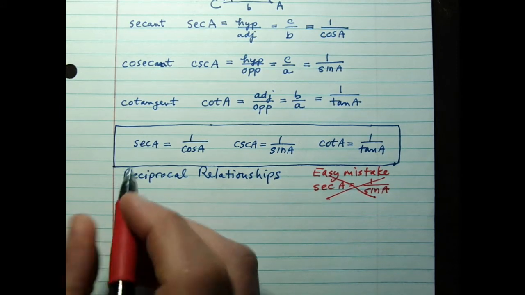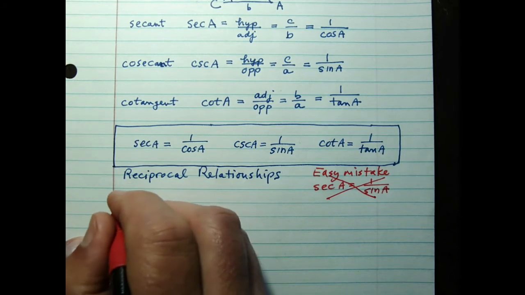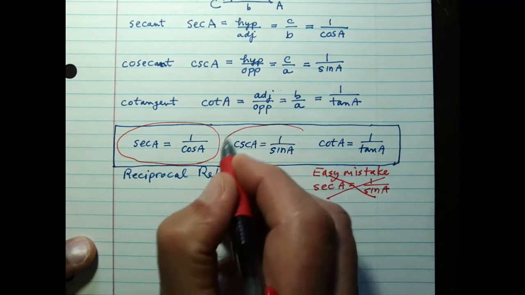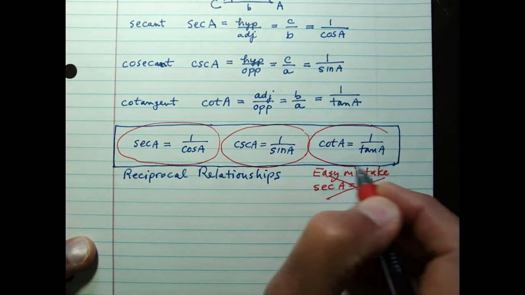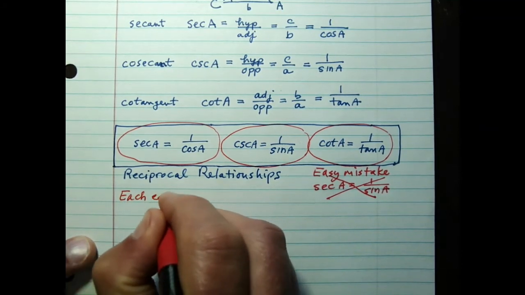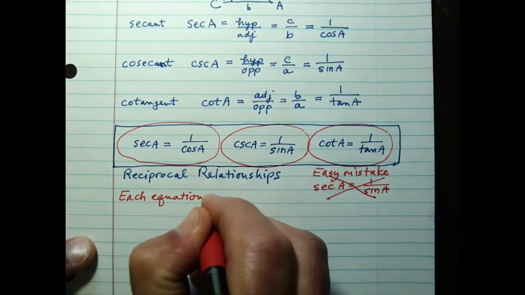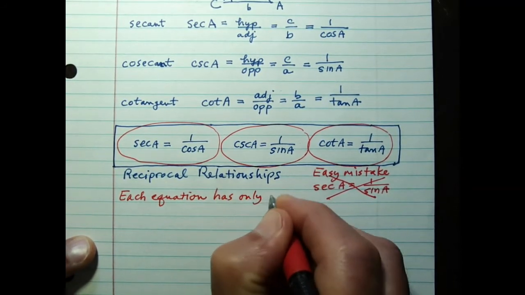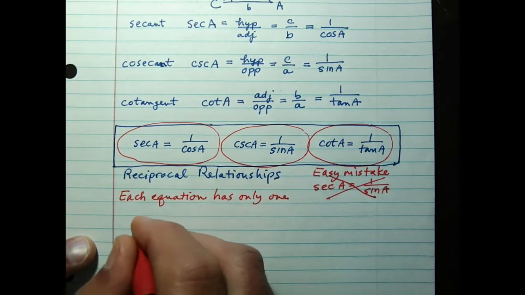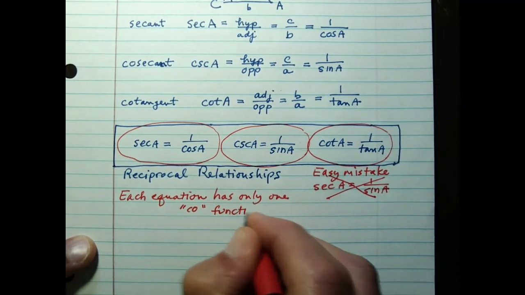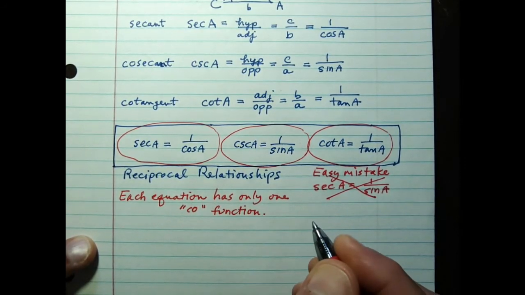So what you might notice is that each one of these three equations, each reciprocal relationship equation, has only one cofunction. The cofunctions are cosine, cosecant, cotangent.